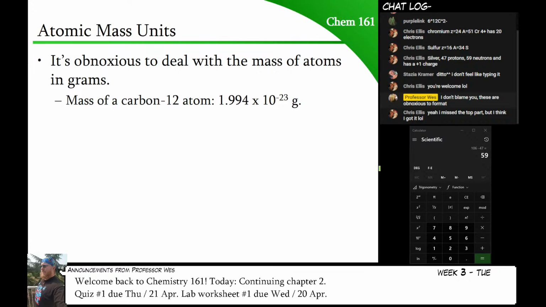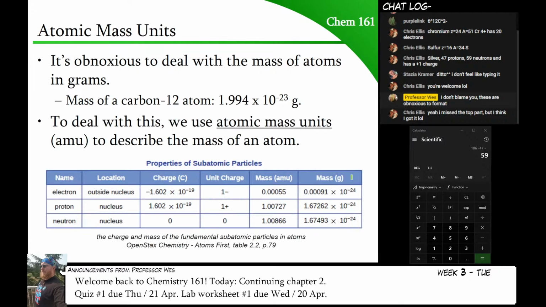Okay. So the next thing we're going to do today is talk about how to calculate the atomic mass on the periodic table. This is something that we did in 140. The way we do this is we introduce a unit called the atomic mass unit.